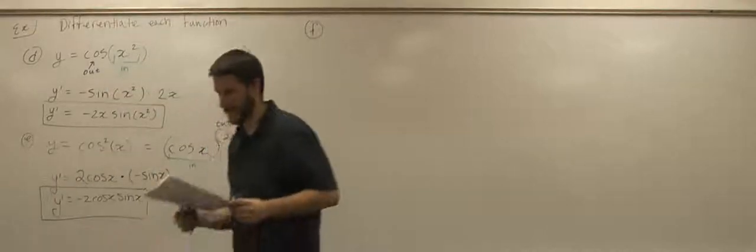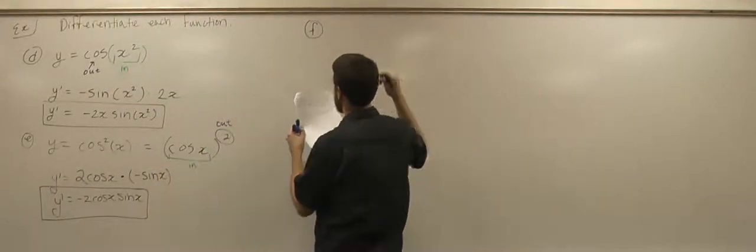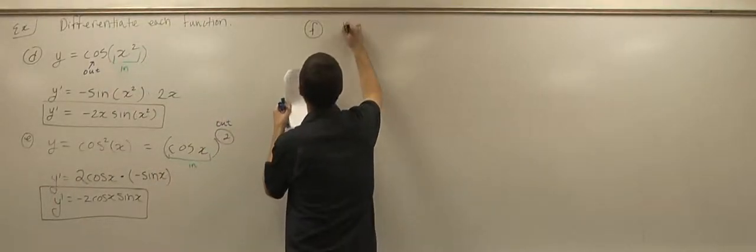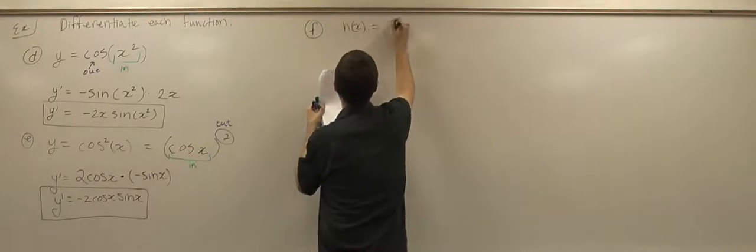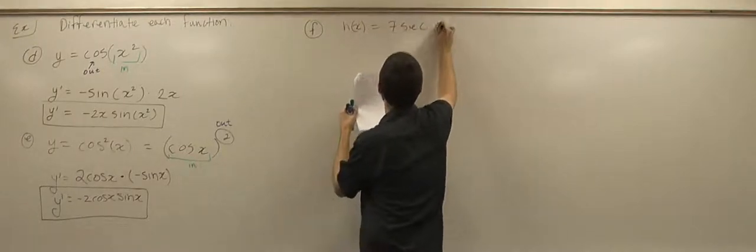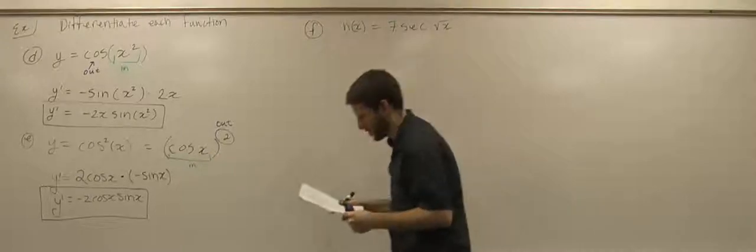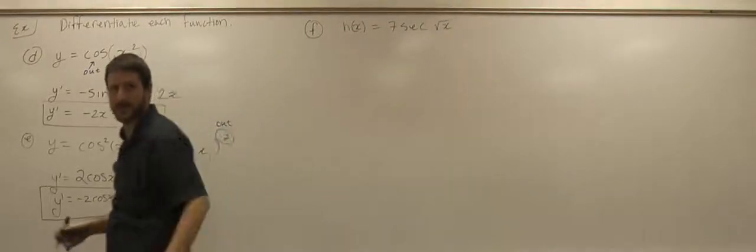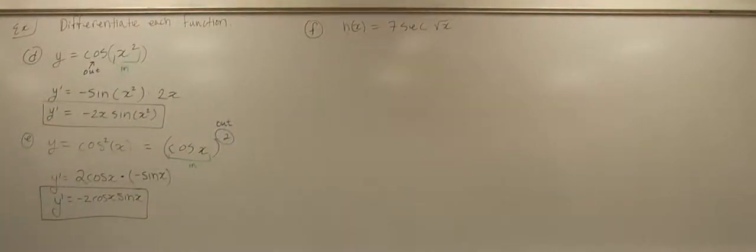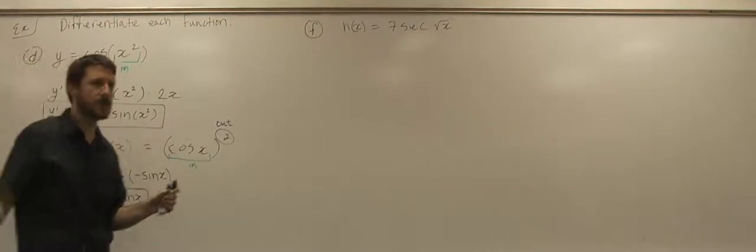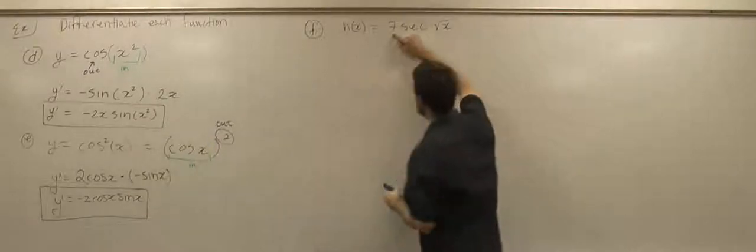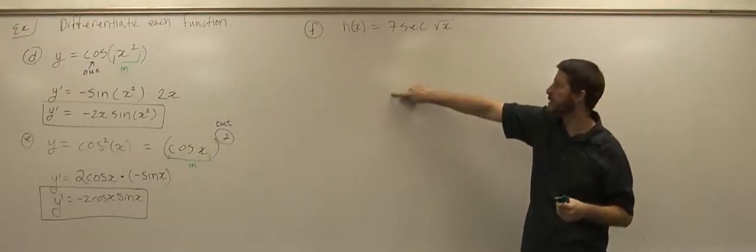Oh gosh. All right, so let's do 7 secant root x. The 7 is a constant multiple, so when you're doing the derivative, it just follows along.